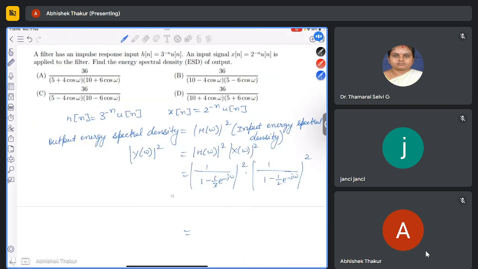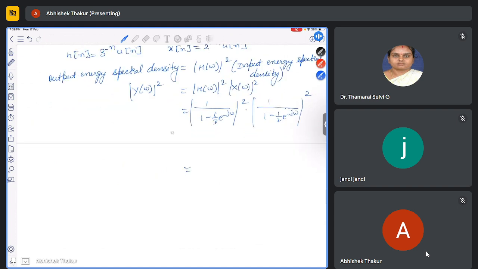So the magnitude of this will be, so the answer is in terms of cos omega and j sin omega. So we'll substitute 1 by 1 minus 1 by 3 cos omega minus j sin omega.